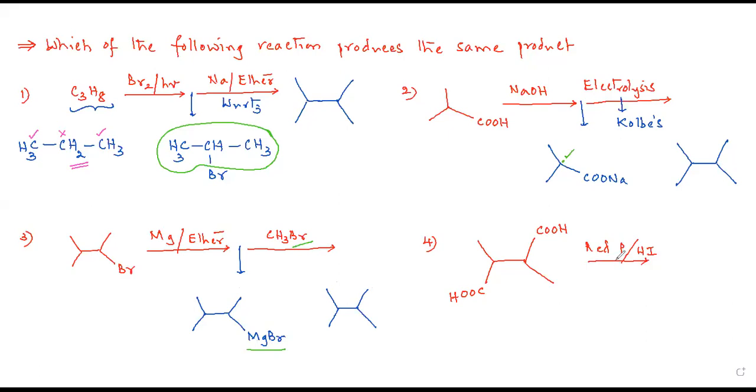Then hydrogen iodide and red phosphorus, a reducing agent. See, when carboxylic acids are subjected to reduction, if we take RCOOH, we get RCH3. That means in place of COOH, we get CH3. So here also the product is 2,3-dimethyl butane.